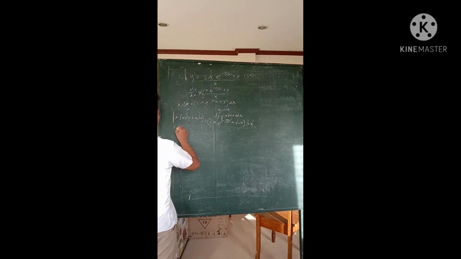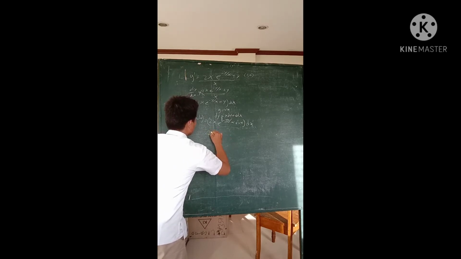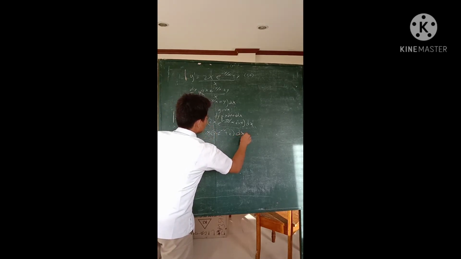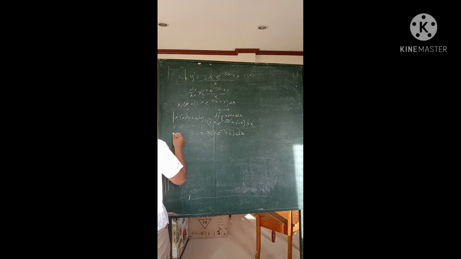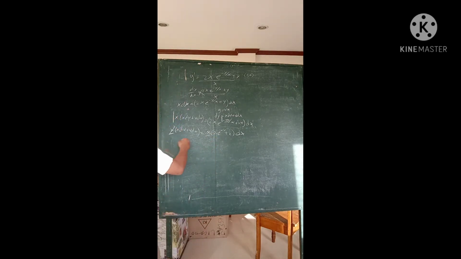So 2x equals 2e to the negative v plus v times dx. Then this one is x dv plus v dx. Since they are the same, we need to cancel this out.